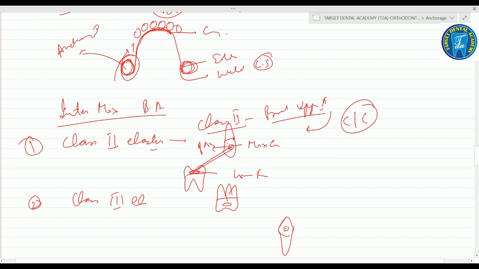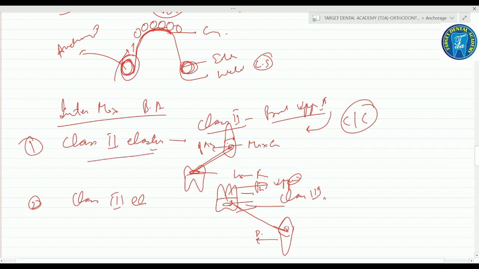So the elastic passes from the upper first maxillary molar to the lower canine. So this is class 3 elastic. In class 3 elastic, what you want to achieve is the retraction of the lower incisor, it means the distal movement of the lower teeth, and protraction, that means the mesial movement of the upper teeth, fine.